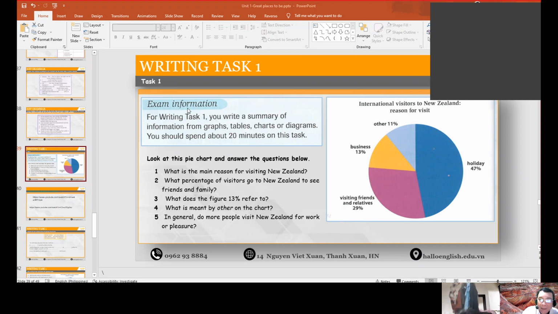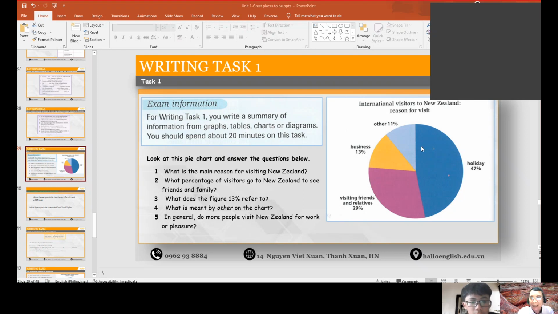In an IELTS exam, you should spend about 20 minutes on these tasks. So whether you are finished or not, within that period of time, you need to submit your papers, because there would be a time limit for that. But 20 minutes is a long time already.